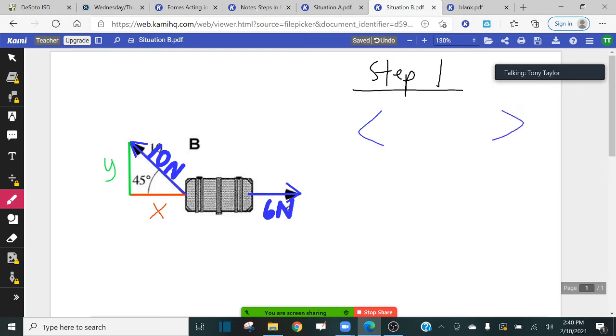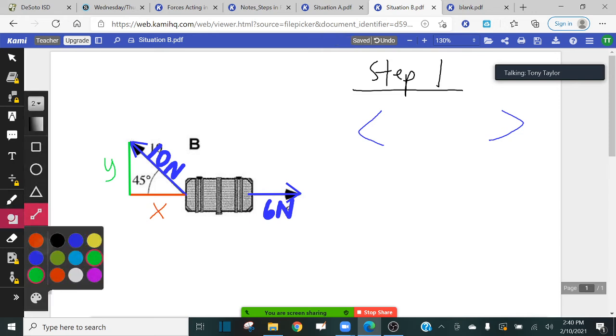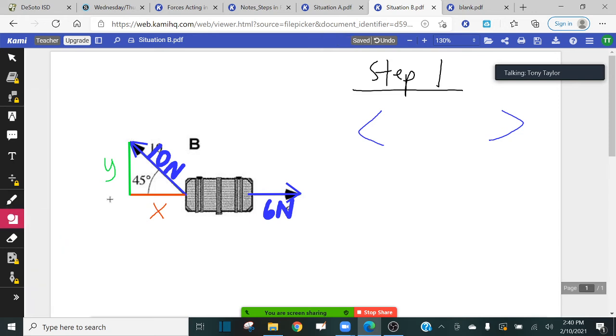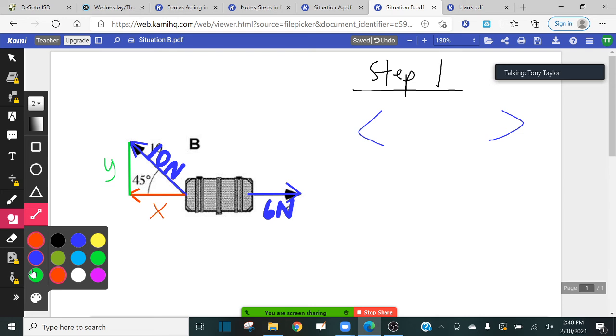Now, we're not done though. Look at these arrows, guys. Look very closely at the directions. Notice this 10 Newton force is pulling up and to the left at the same time. So the x component is pulling toward the left, but the y component is pulling up.